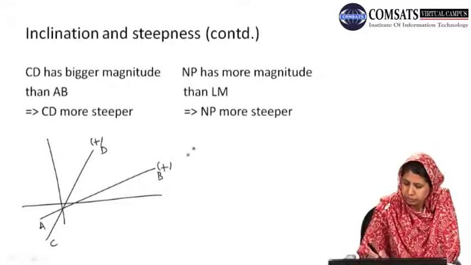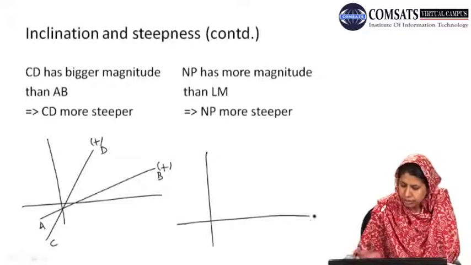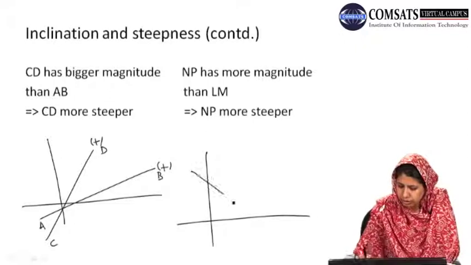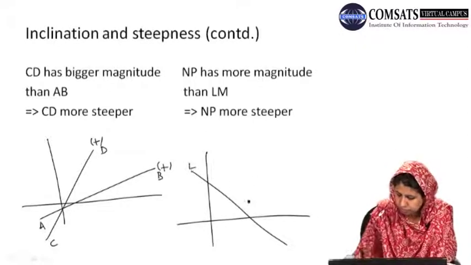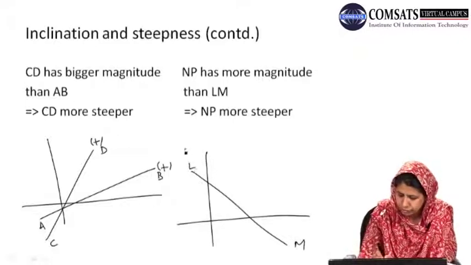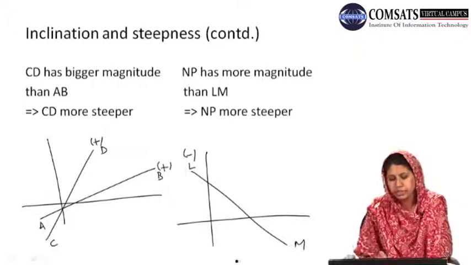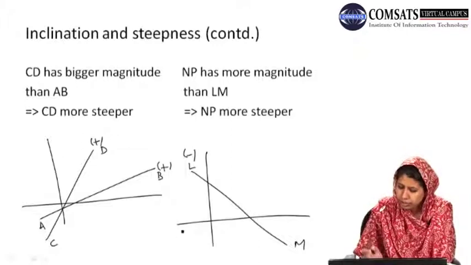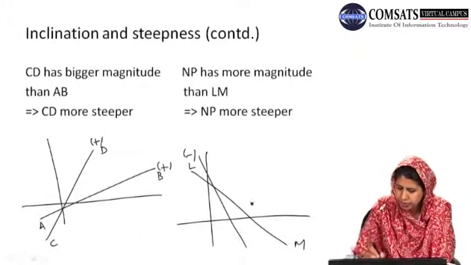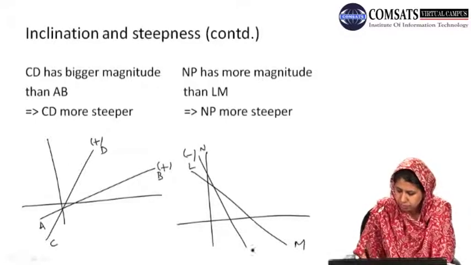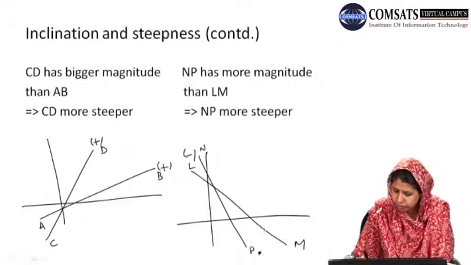Okay, now with the negative direction, consider a line LM with negative slope in this direction from left to right, and consider one more line, let's say NP, having negative slope.